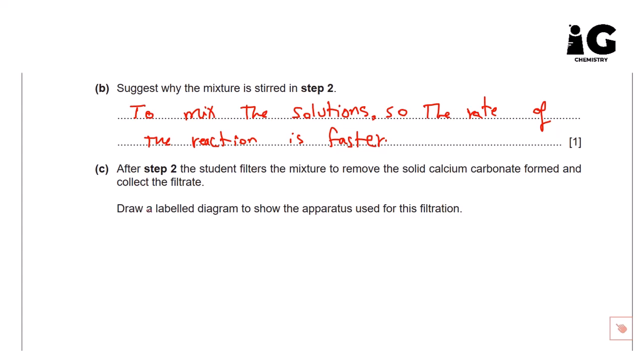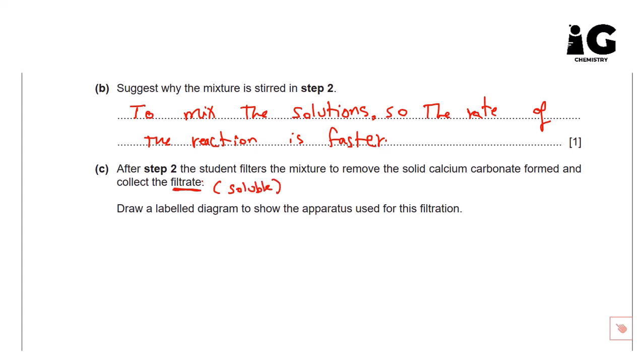Letter C: after step 2, the student filters the mixture to remove the solid calcium carbonate formed and collect the filtrate. The word filtrate here means the soluble substances in the solution.